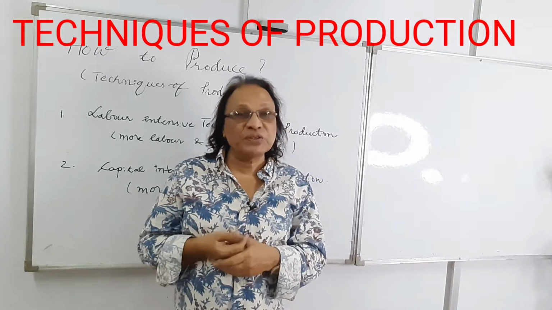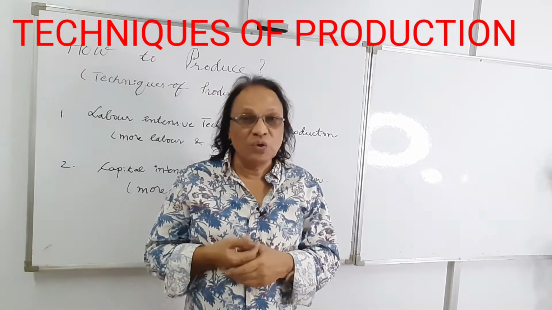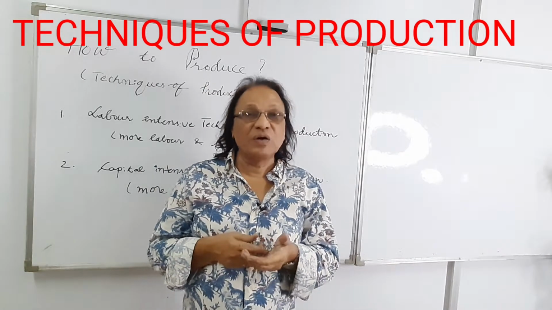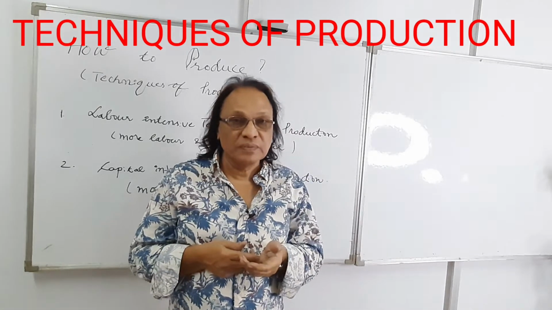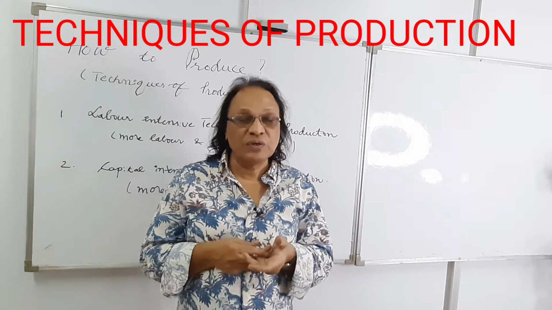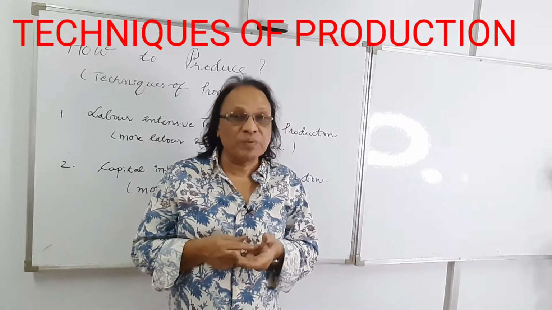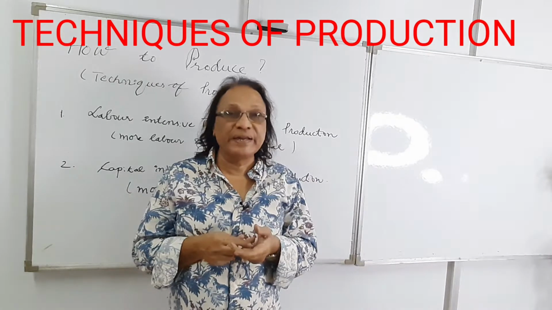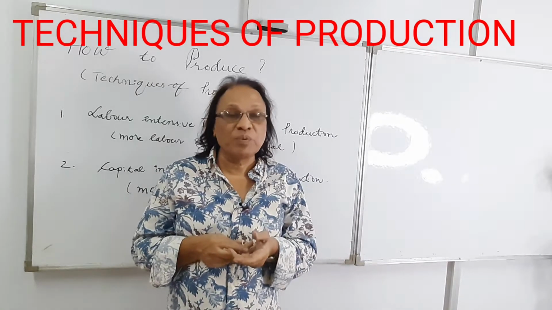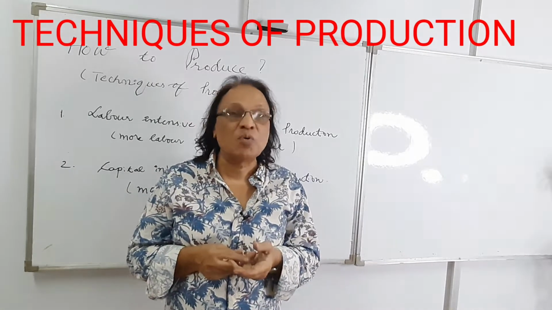In the first episode, we covered the basic economic problem. In the second episode, we covered the central problems and explained in detail the first central problem, what to produce and how much quantity.